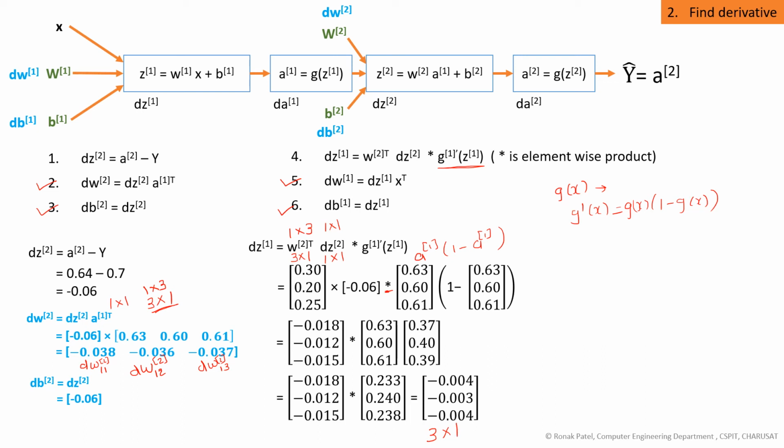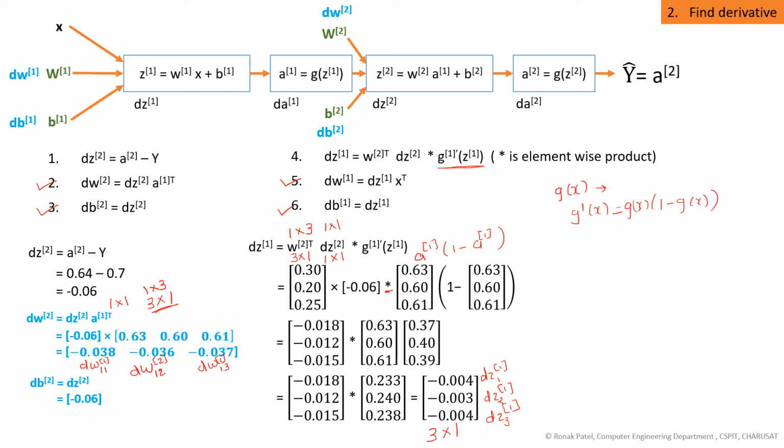So this is dz1 1, this is dz2 1, this is dz3 1. So derivative of loss function with respect to z1 1, derivative of loss function with respect to z2 1, derivative of loss function with respect to z3 1. So these are the values of dz1.